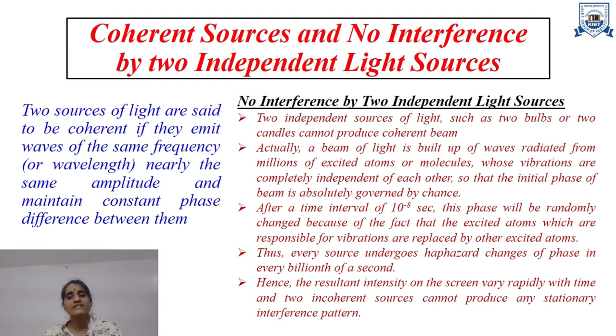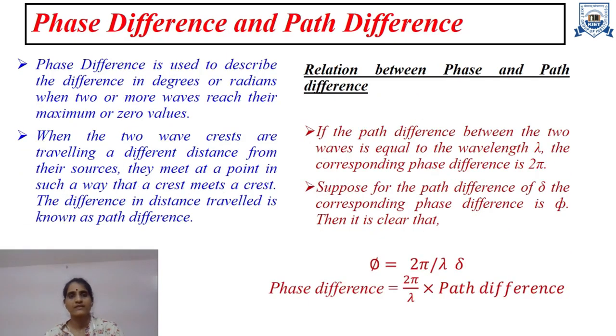Thus every source undergoes haphazard changes of phase every billionth of a second. Hence the resultant intensity on the screen varies rapidly with time, and that is why two incoherent sources cannot produce any stationary interference pattern.